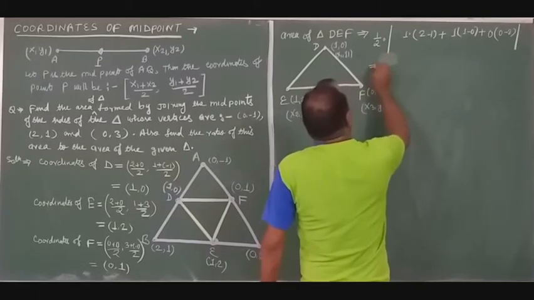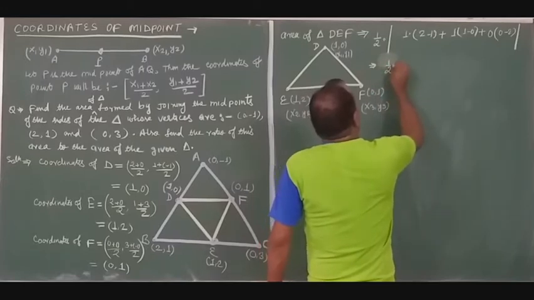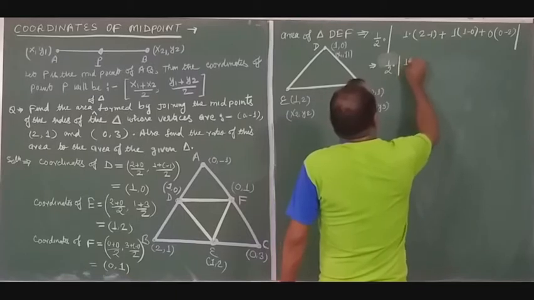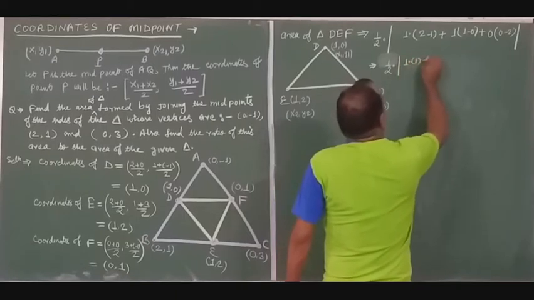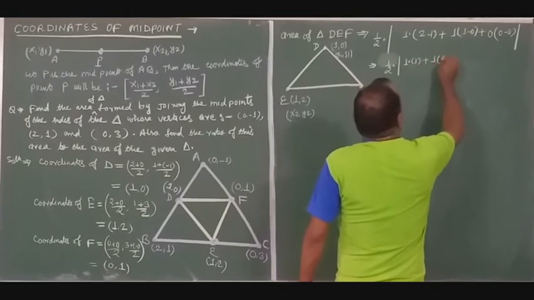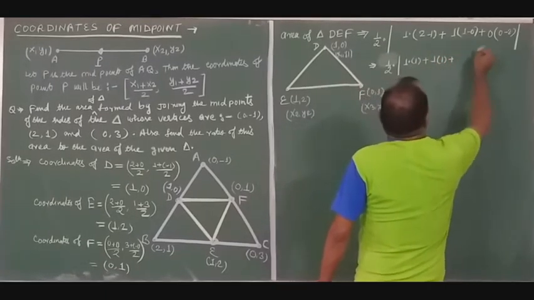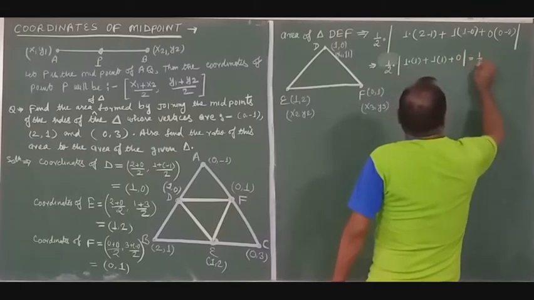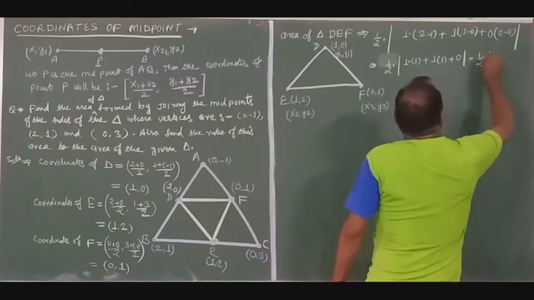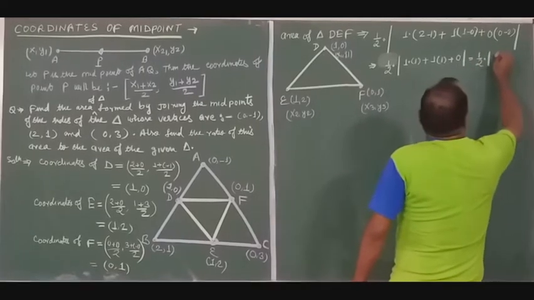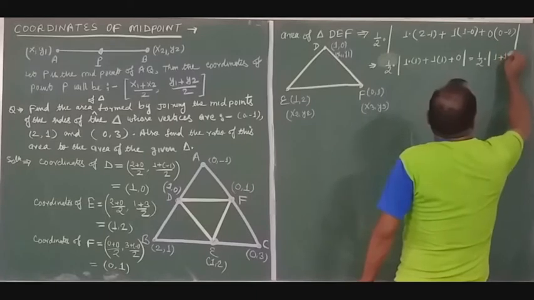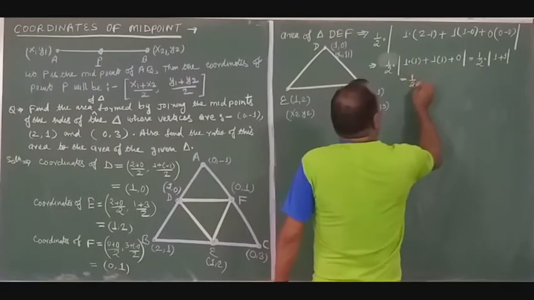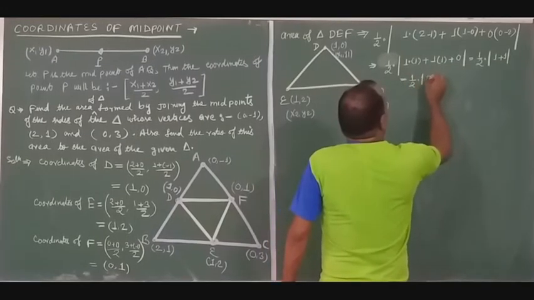So what will happen? 1/2 into mod of 1 into 2 minus 1 is 1, plus 1 into 1 minus 0 is 1, and this is 0 into something, that is 0. So 1/2, mod of 1 plus 1, half multiplied with 2.